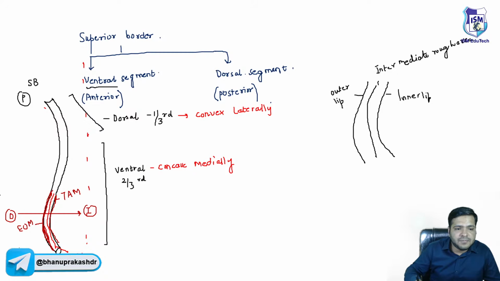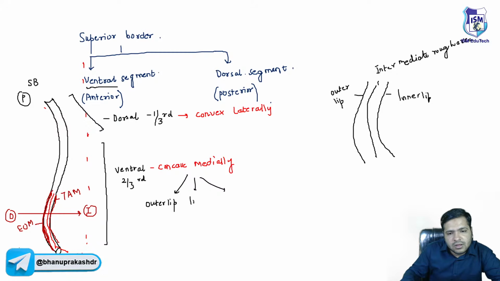And if we talk about the ventral segment, beta, it has the outer lip, the intermediate rough area, and the inner lip.